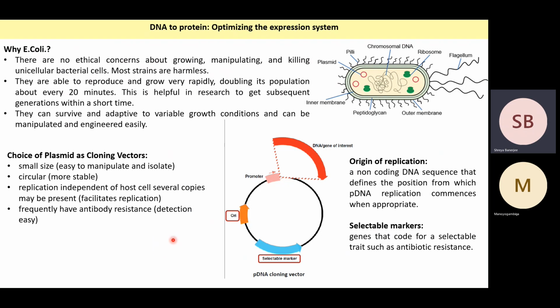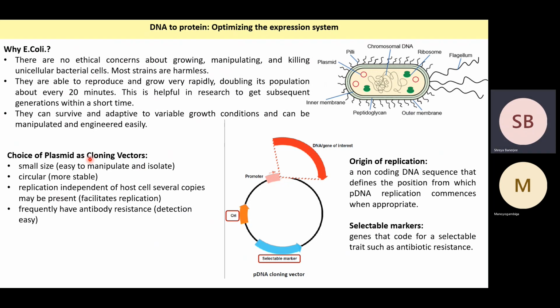But multicellular organisms generally take a long time to reproduce, so this will slow down the research considerably. Thirdly, E. coli can survive and are adaptive to variable growth conditions and can be manipulated and engineered easily. So these points make E. coli very feasible for the expression system.